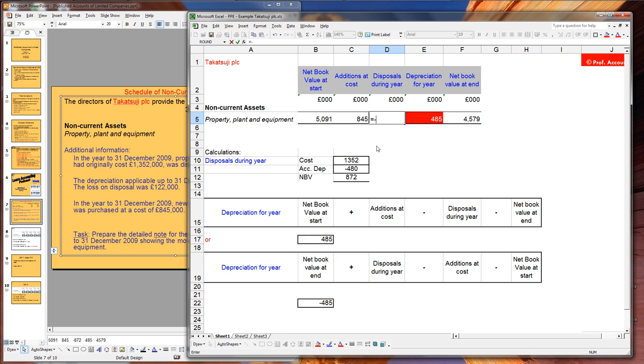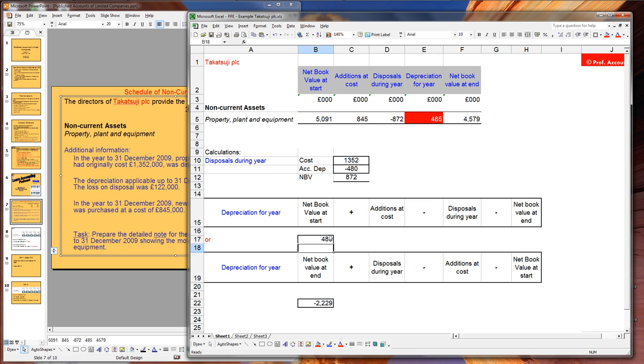I know this is a formula and you don't need to use Excel in the exam, but just from a maths point of view, if you put a minus there and then we have to minus that number, well no, we minus the actual number, not the negative number. Otherwise minus a minus is a plus, so that would have to be a positive, and you get 485. And likewise for this one down here, so B5 would have to be a positive. Is it B5? I think it's B. It's not B5, is it? So minus. This is D5, so you have to minus D5 to get minus 485.